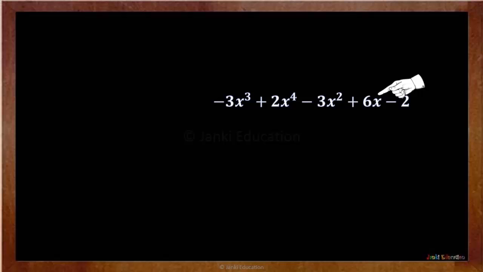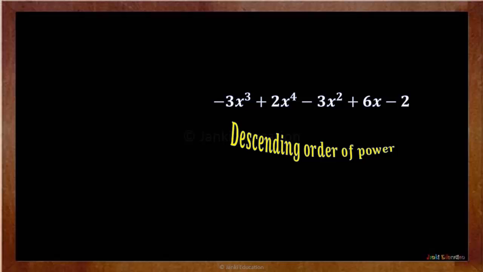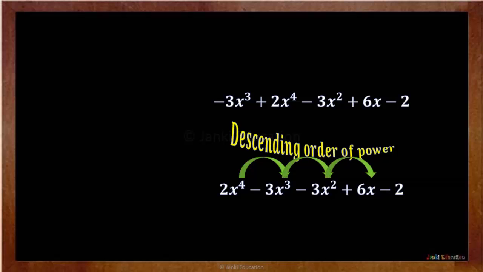So the very basic step is to rearrange the given polynomial into descending order of power. That means we have to rewrite our polynomial as 2x to the power 4 minus 3x cubed minus 3x squared plus 6x minus 2. Therefore, here you can see 4, 3, 2, 1.